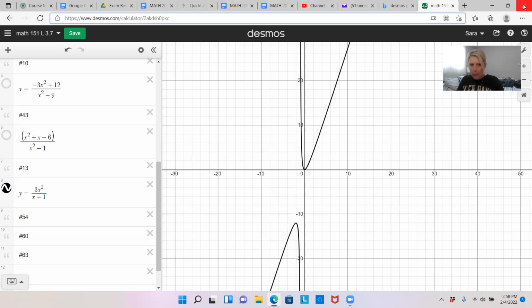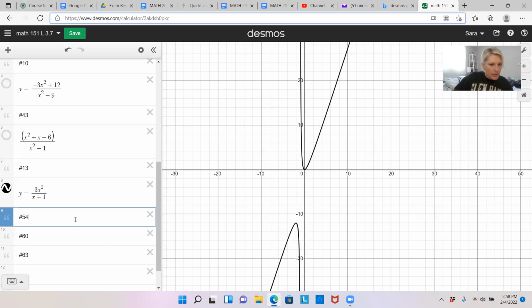That's an interesting one to draw. Okay. We have another kind of an asymptote, and that's called a slant asymptote.